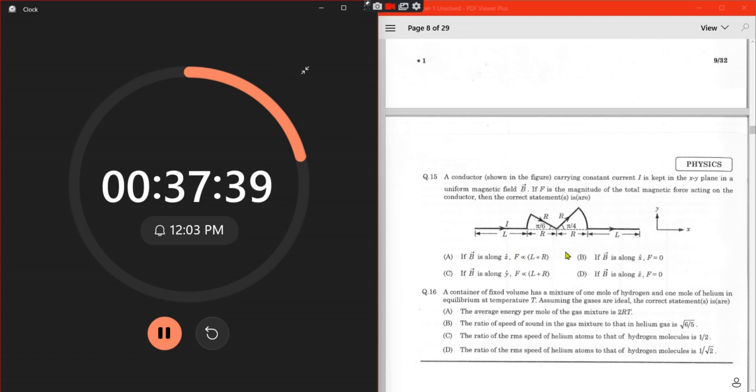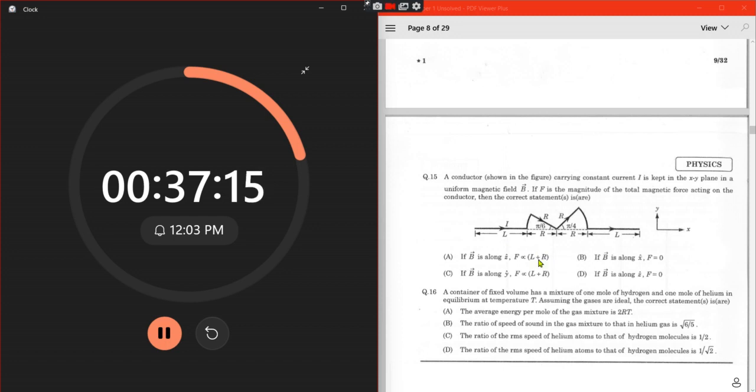B along z, okay. And this is not in the partition, okay fine, then it's 2 times L plus R that is our r vector, so plus R I hat cross B vector, right?